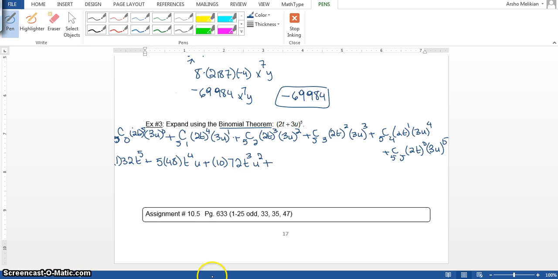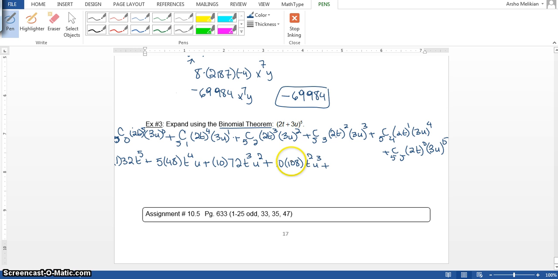Plus, plug this into the calculator, you're going to get a 10. 2 squared is 4. 3 to the power of 3 is 27. 108. T squared u cubed.